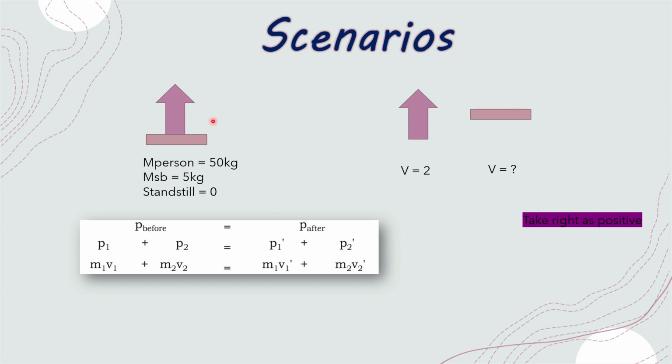So because they're combined at the beginning, you have the mass as 55 kgs and 0. 55 times 0 is 0, so you'll have 0 on the side. And then you just solve for the skateboard. Now, the answer is negative, and you took right as positive. Thus, if the answer comes out to negative, it will be left.